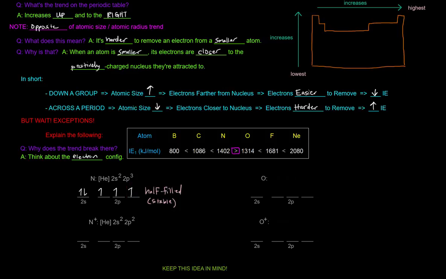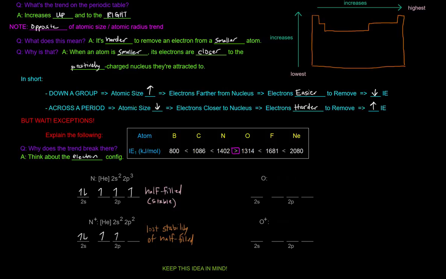Here we ruined the half-filled stable nature, so we lost the stability of having half-filled orbitals. That's not something that wants to happen. You don't want to lose that stability.